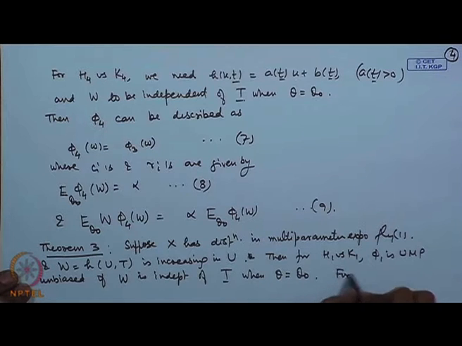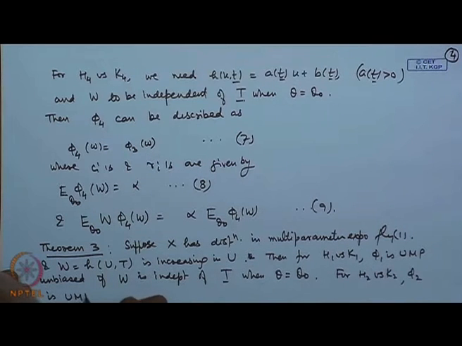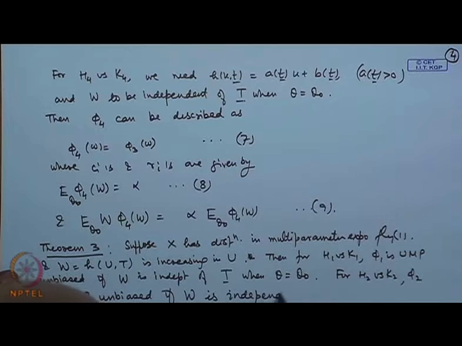For H2 versus K2, phi 2 is UMP unbiased if W is independent of t when theta is equal to theta 1 and theta is equal to theta 2.